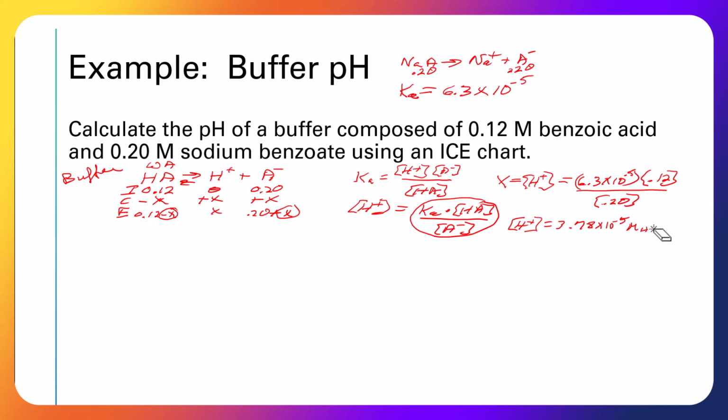So now I want to take the negative log to get the pH, and you know it's going to be a little bit less than 5. So the negative log of 3.78 times 10 to the minus 5 gives me 4.42. So my pH is equal to 4.42.